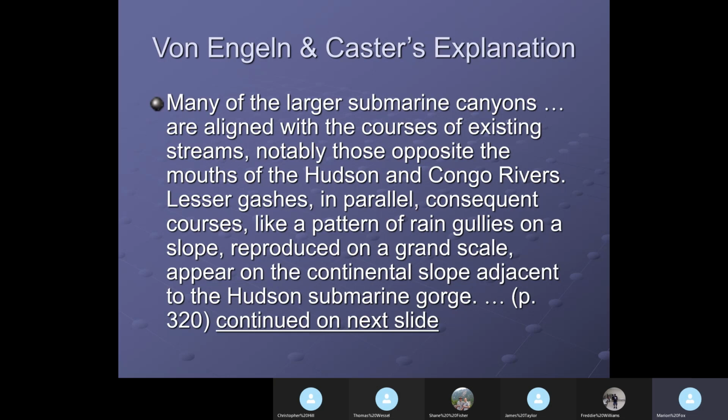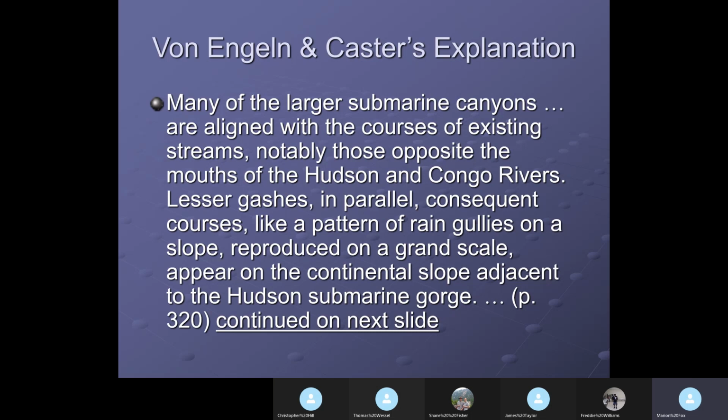Many of the larger submarine canyons are aligned with the courses of existing streams. Now, this is right out of a quote from von Engeln and Castor's book, which I cite in my book. Many of the larger submarine canyons are aligned with the courses of existing streams, notably those opposite the mouths of the Hudson and Congo rivers.